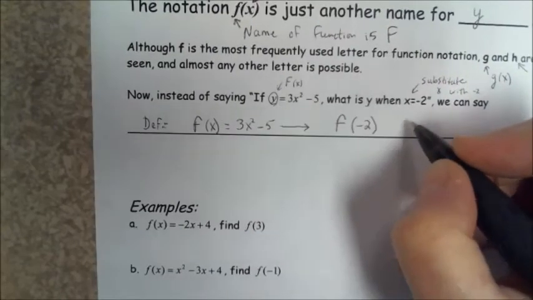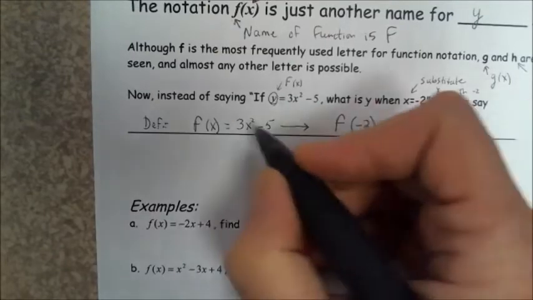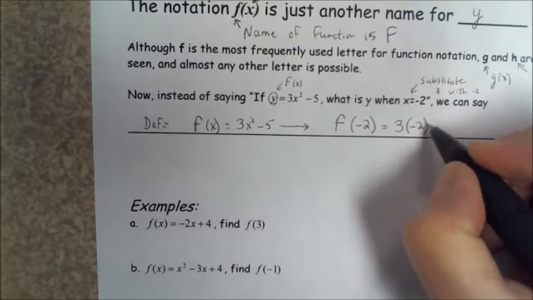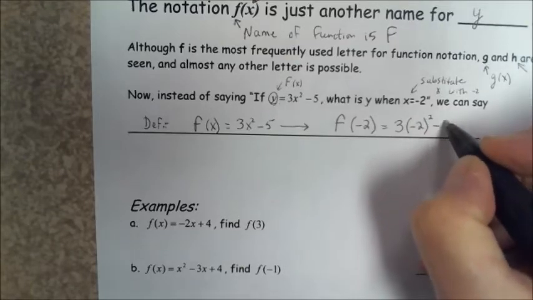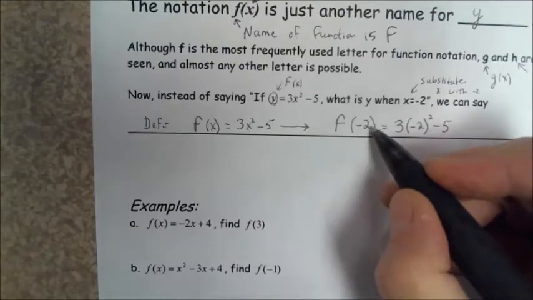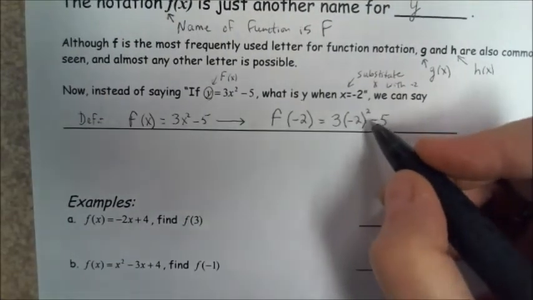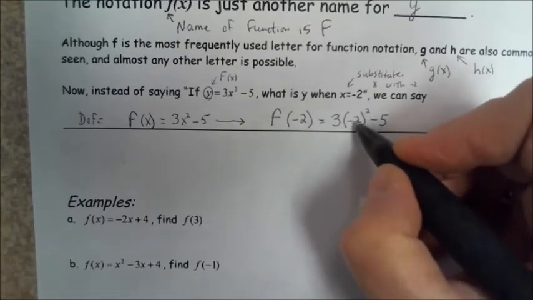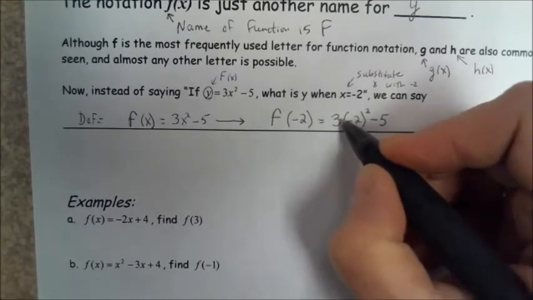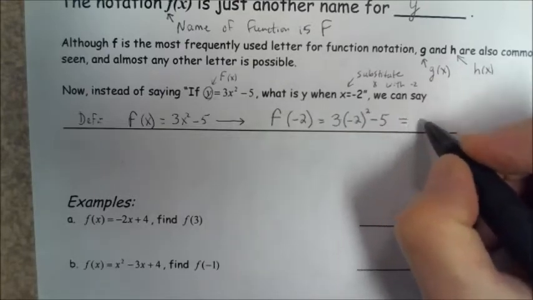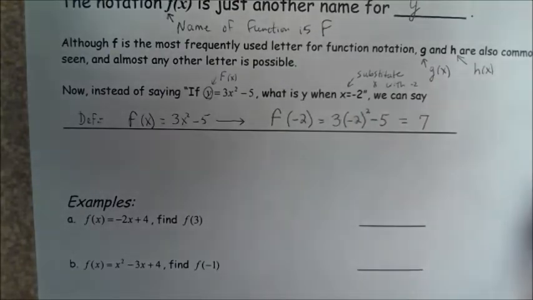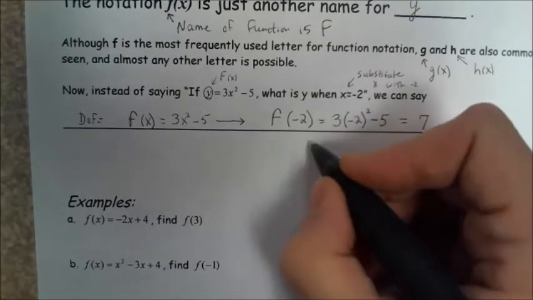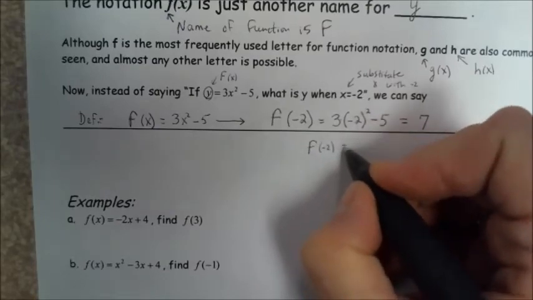So f of -2 is equal to 3, and now any x we see, we're replacing it with a -2. 3 times -2 squared minus 5. -2 squared is 4. 3 times 4 is 12, and 12 minus 5 is equal to 7. So f of negative 2 is equal to 7. That is the summary of that.